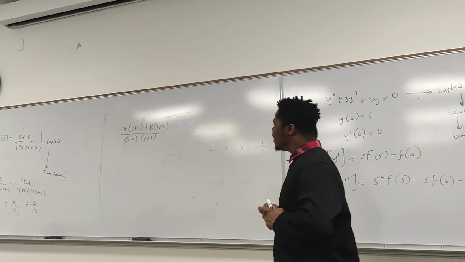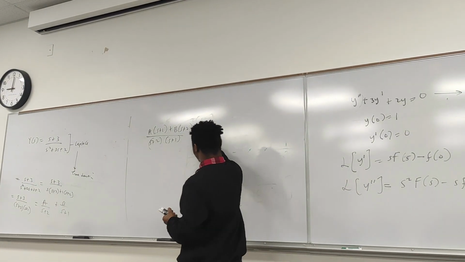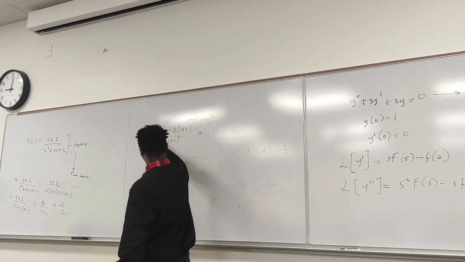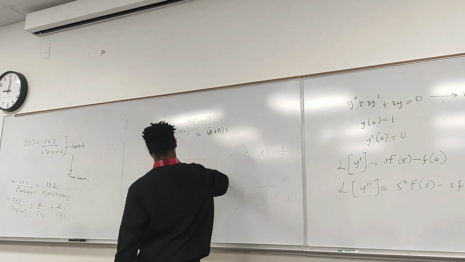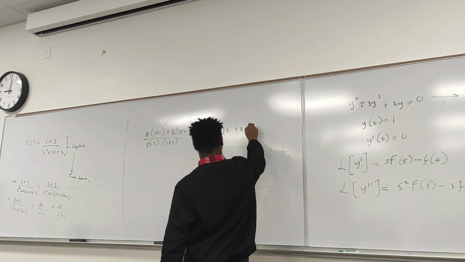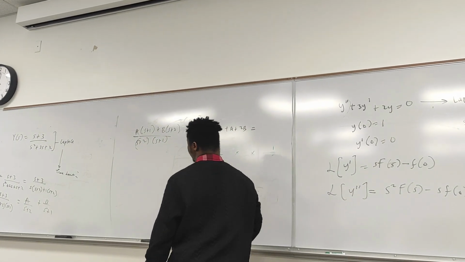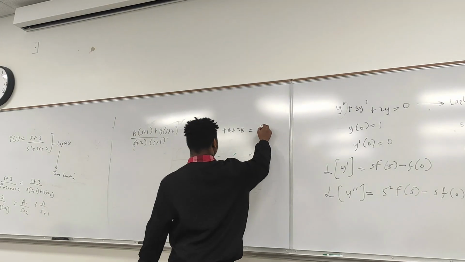And then let's take the s together. So this is as plus bs. That would be a plus b times s. And this is a plus 2b. And then we equate it to everything here, s plus 3, like we used to do.